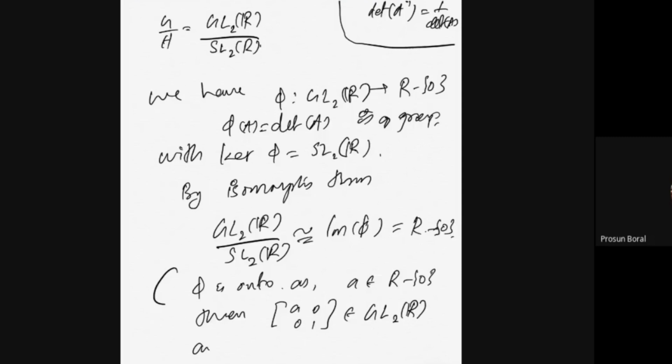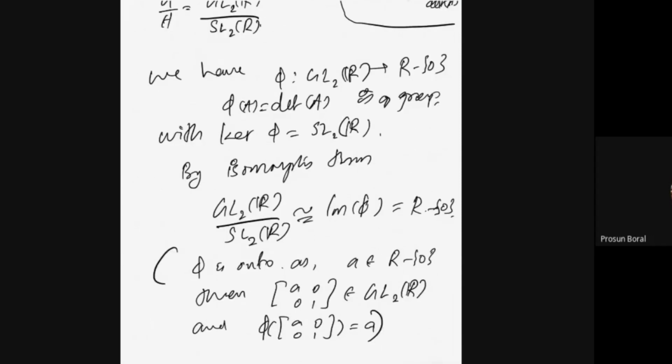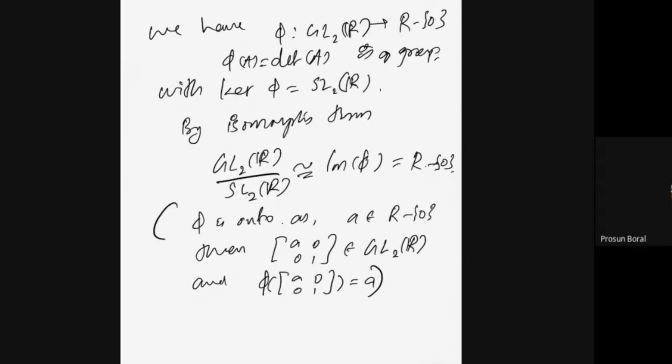This is invertible, its determinant is non-zero, and phi of this matrix is its determinant, which is A. Therefore, it is an onto homomorphism, and so the quotient group GL2R by SL2R is isomorphic to R minus 0 with multiplication.